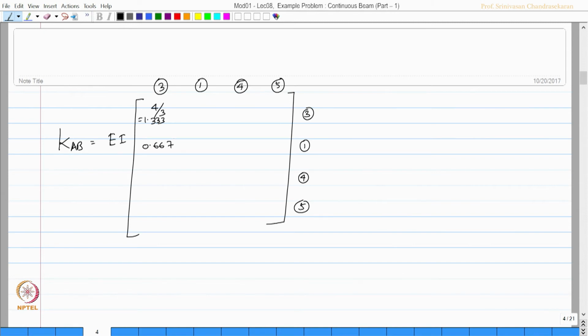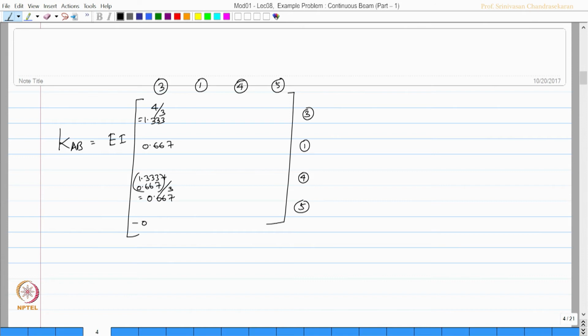So, 0.667. This will be the sum of these 2 by 3 again, which is 1.333 plus 0.667 by L, that is 3 meters, which will again be 0.667.